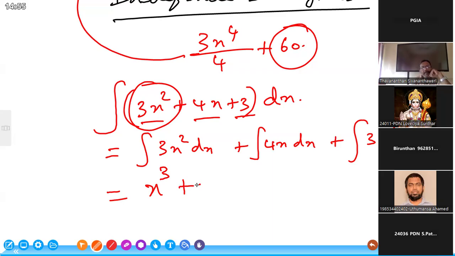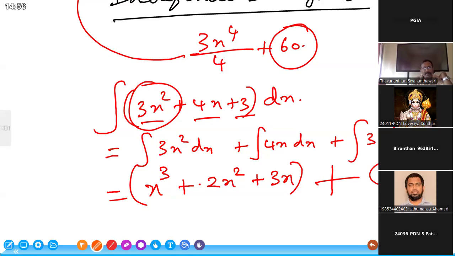Plus 4x squared divided by 2, that is 2x squared. Plus 3x. Yeah, then you add a constant. Always don't forget to add a constant, right?